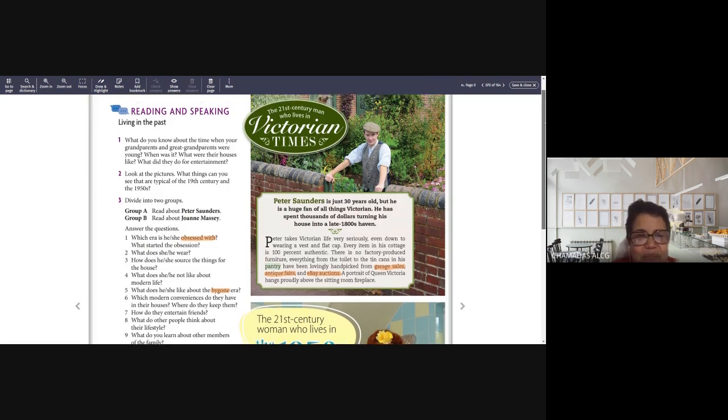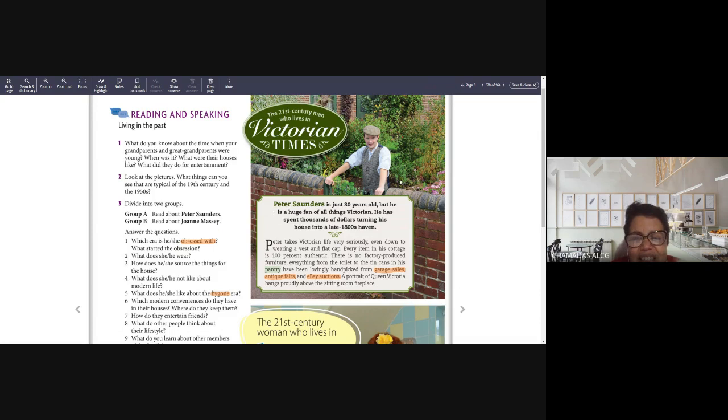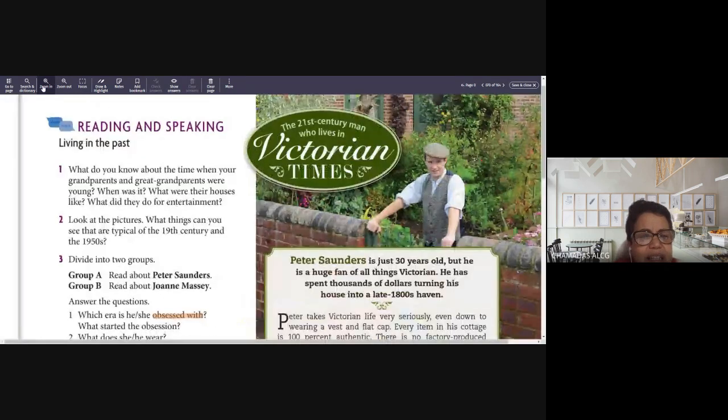So let's take a look at these two people and why they have the habit of cultivating a lifestyle of the past century. They really collect even furniture of the past century. It's incredible. They really like it. So, look, what do you know about the time when your grandparents and even great grandparents were young?